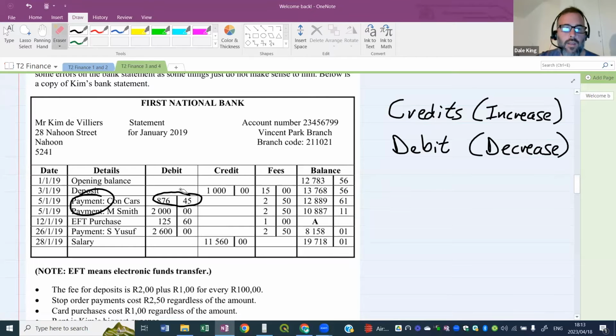So we understand that. Now, another thing I want to show you is this fees column. Usually in bank statements, well, I know for mine, they will put, for example, in the second row where we have the deposits of 1,000 Rand, they will put the fees in a row underneath this. So they'll say, this is how much money went in your account.